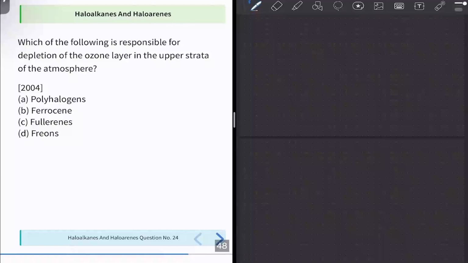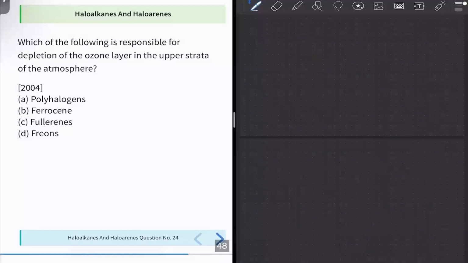But in options A, B, C, D, there is no mention of chlorofluorocarbons. So which name will be attached to chlorofluorocarbon, or which group has compounds like chlorofluorocarbon? We have to know. So the freons will be the answer.